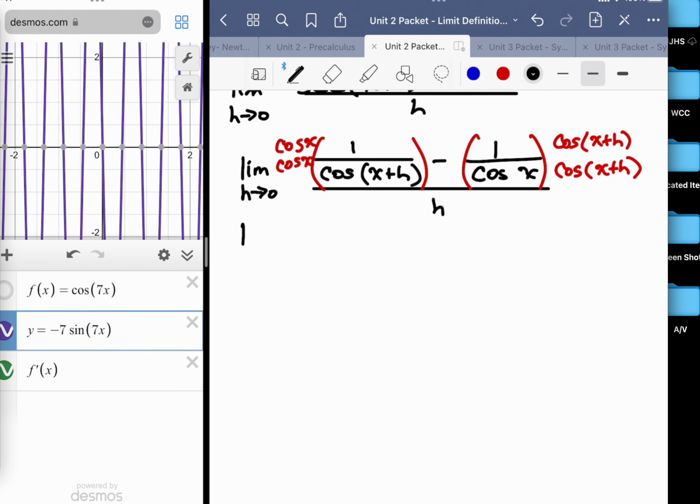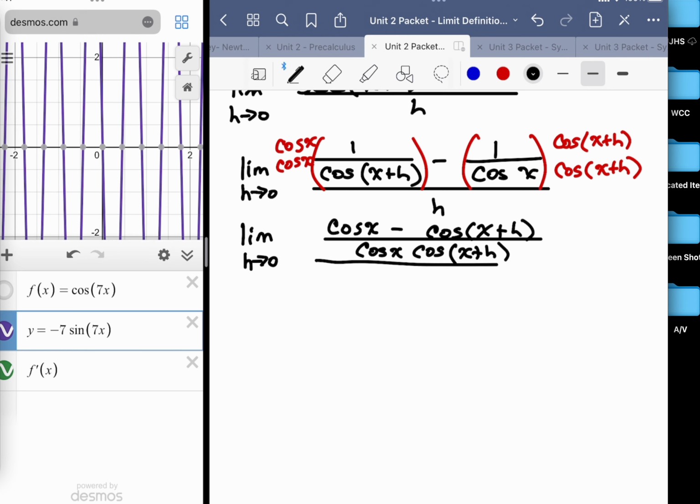So limit as h approaches 0 of cosine x minus cosine x plus h over our common denominator, cosine x plus h, all over an h.